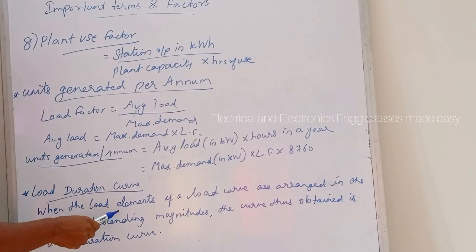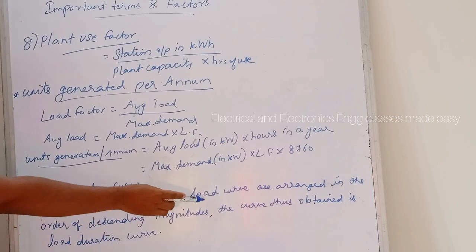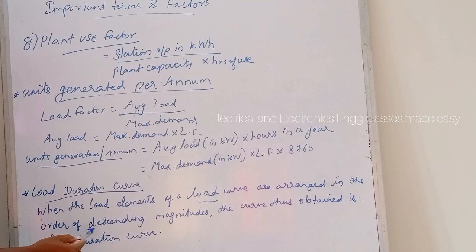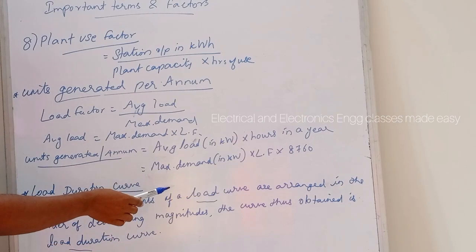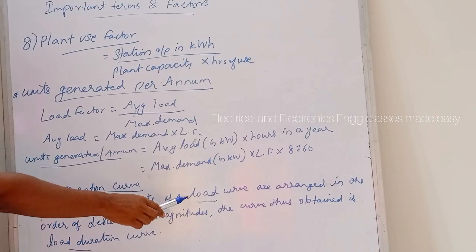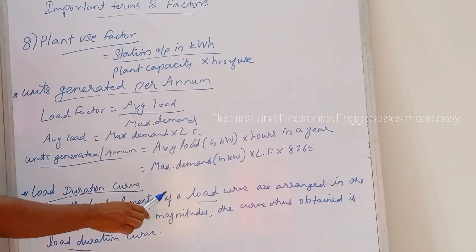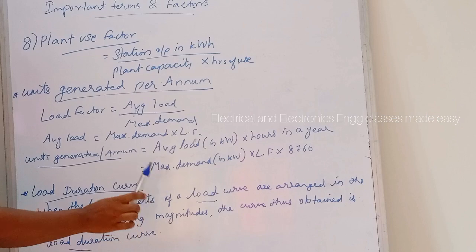Next is load duration curve. When the load elements of a load curve are arranged in the order of descending magnitudes, the curve thus obtained is called load duration curve. So what is load curve? It is the curve showing the variation of load on the power station with respect to time.